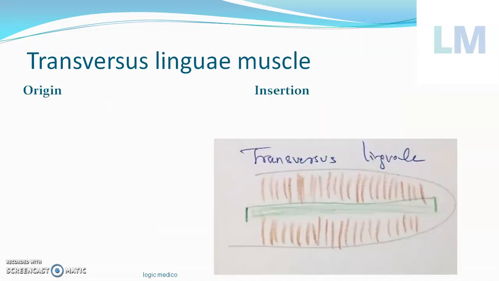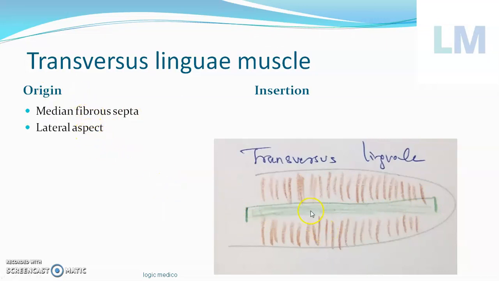Coming to the origin and insertion, by now you should be familiar with this. This green color structure, the common wall in the center dividing the tongue into two equal halves, right and left. What is this wall's name? It is the median fibrous septa of the tongue. From the lateral aspect of this, the muscle will begin.